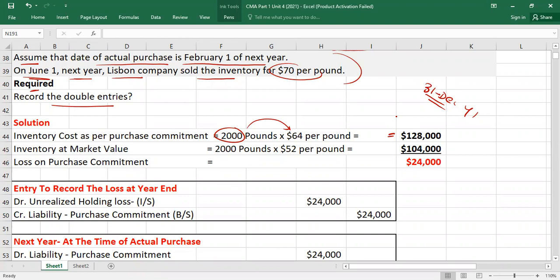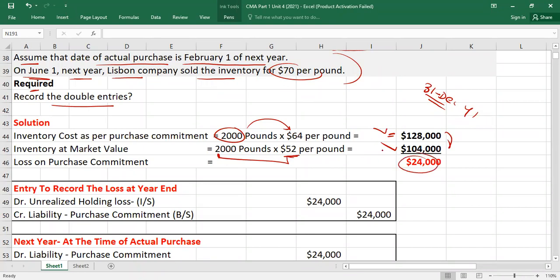But what is the market value of that material at the end of the year? The market value is $52 per pound, and you are going to buy 2,000 pounds. 128,000 you will pay at the time of purchase, but at the end of the year the market value of that material is 104,000. Understood? How much are you going to pay extra?